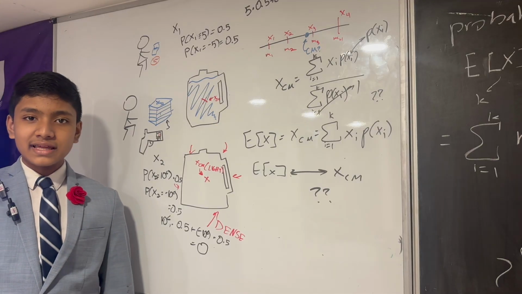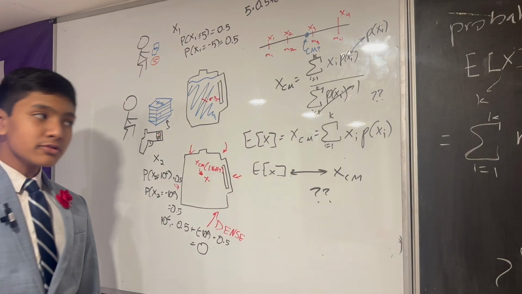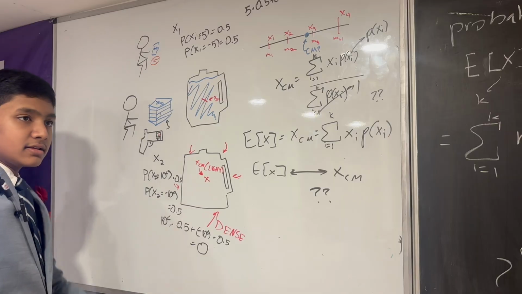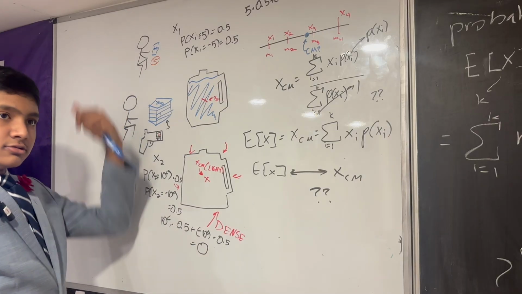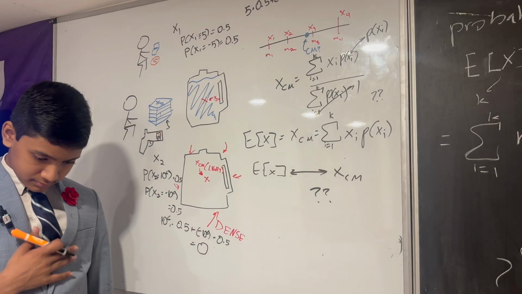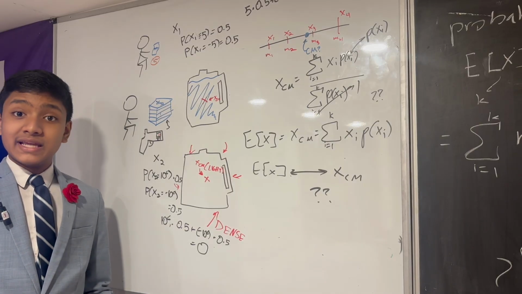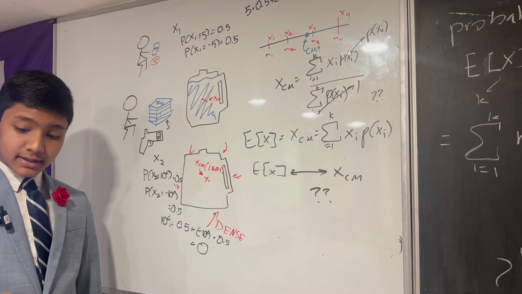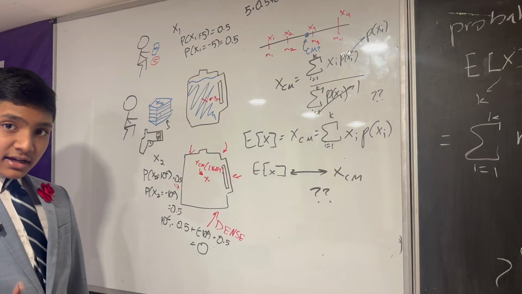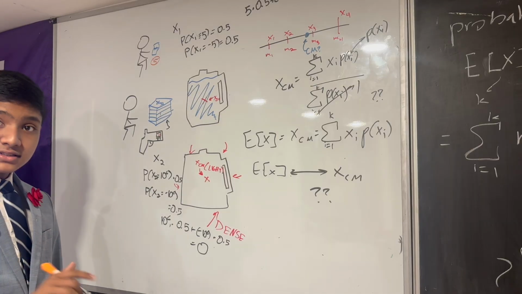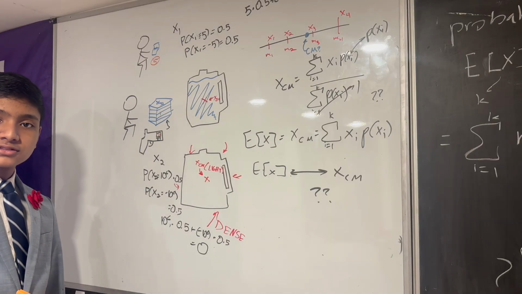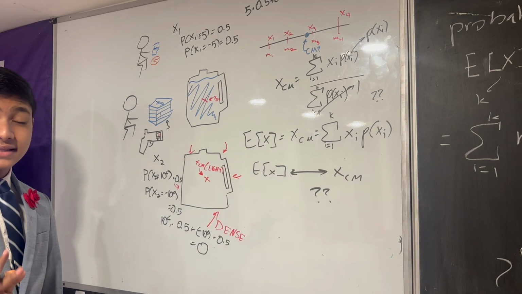So, are they the exact same offer? Does it make no sense to not choose the bullet, but choose the $5 gamble? Well, it does make sense. And the reason is because there's more aspects to a probability distribution than just expected value.